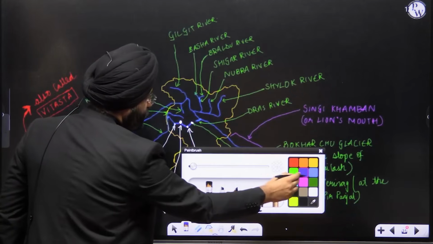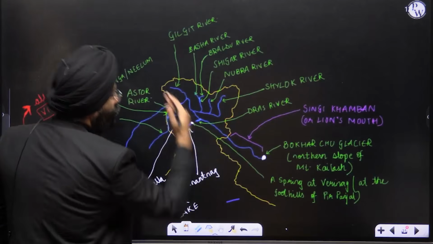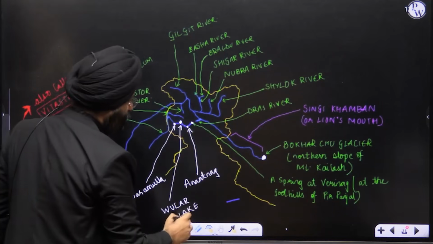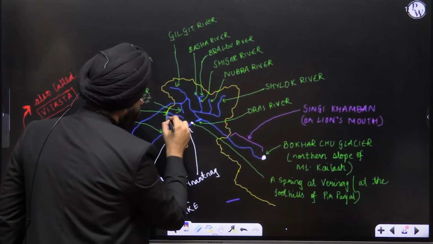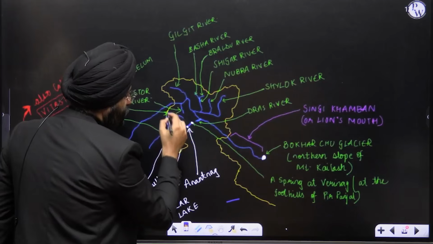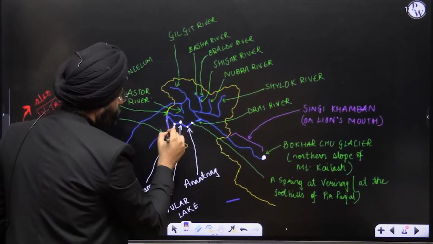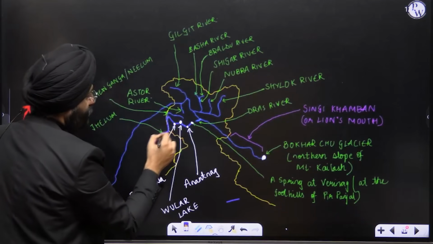Then it basically touches what? Baramulla. Then it moves in the northwestern direction and almost forms a natural border between India and Pakistan. And later then it enters what? It enters Pakistan. Right?